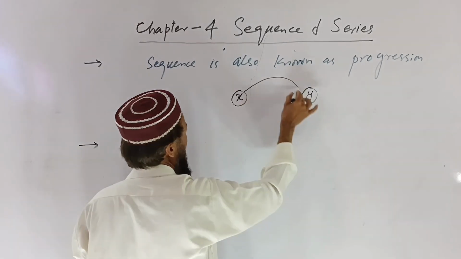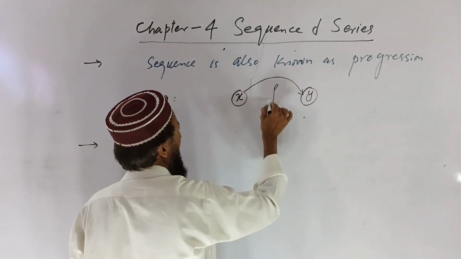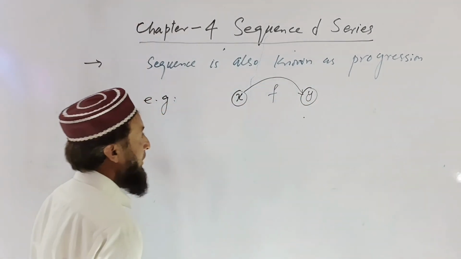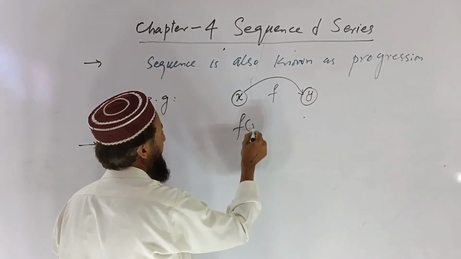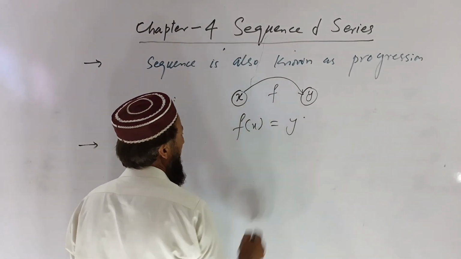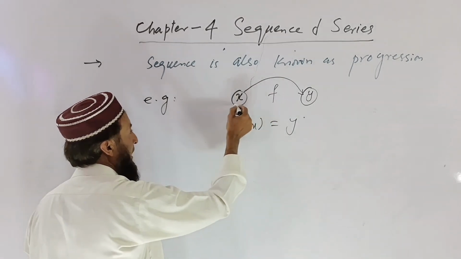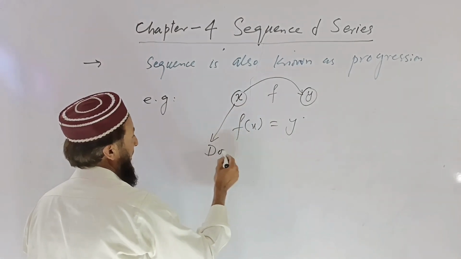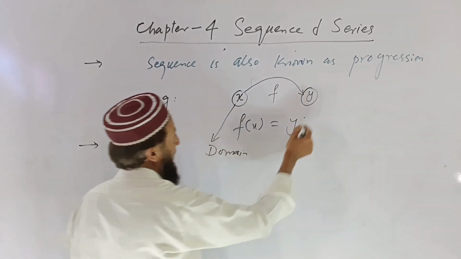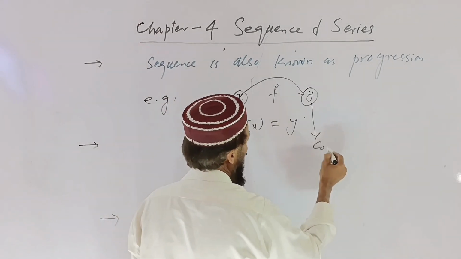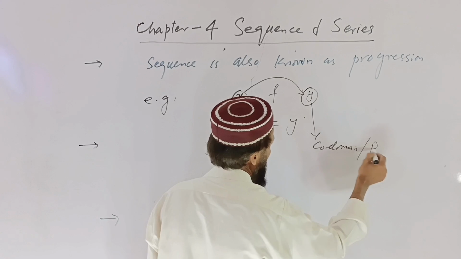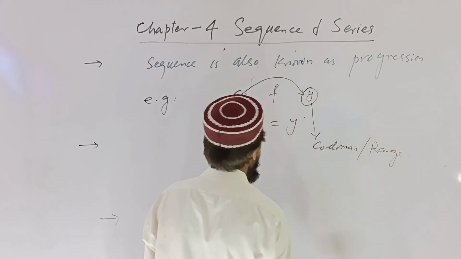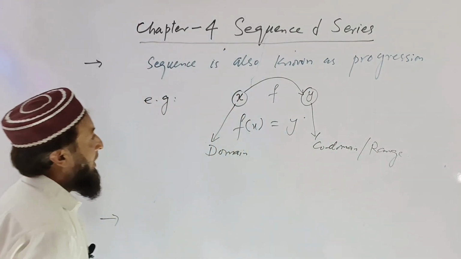If there is a relation between x and y, so f is a function between x and y, so f of x is equal to y. x is called domain and y is called codomain or range. It is called a function.